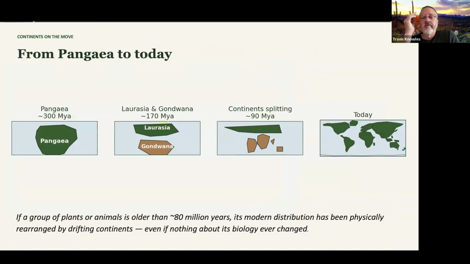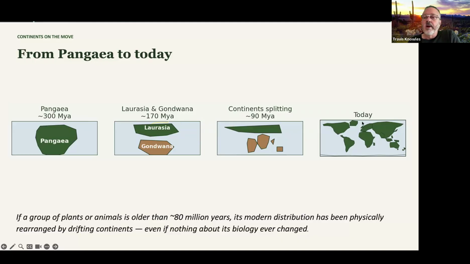Here's another very, very crude map that shows an important aspect of the distribution of the Earth's continents over the last 300 million years. When you see this MYA or BYA abbreviation, that's a shorthand way of writing million years ago or billion years ago.